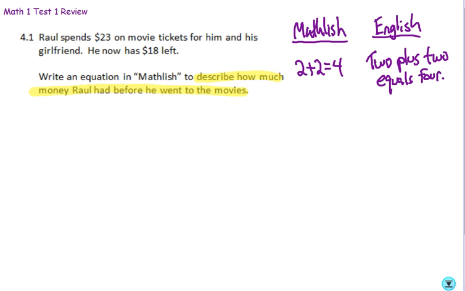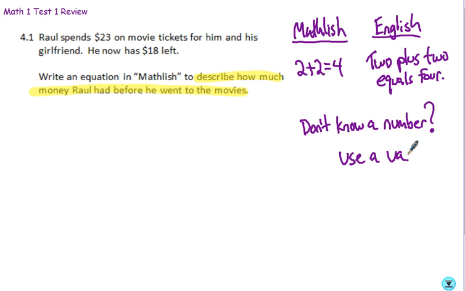So we use variables. If you don't know a number, well, use a variable. I don't know how much money he had before. If we're talking about money, I could use X or Y or whatever, but let's just say M.